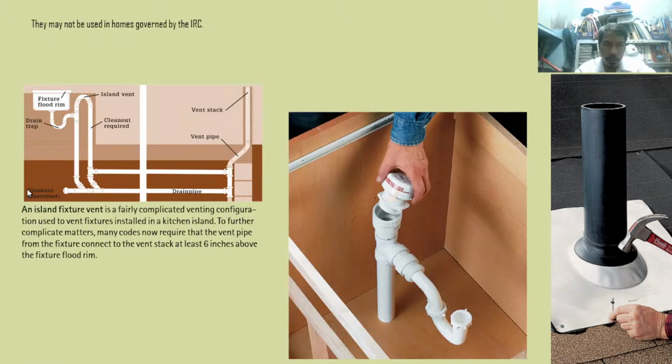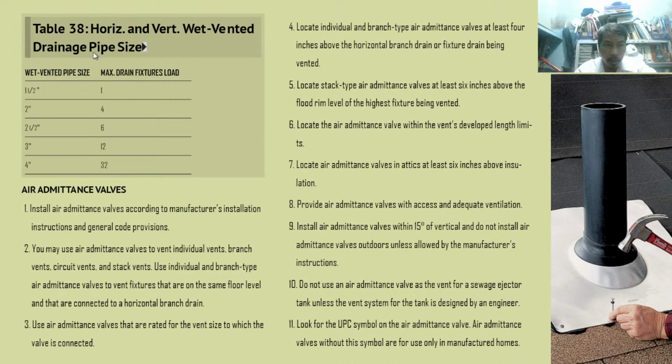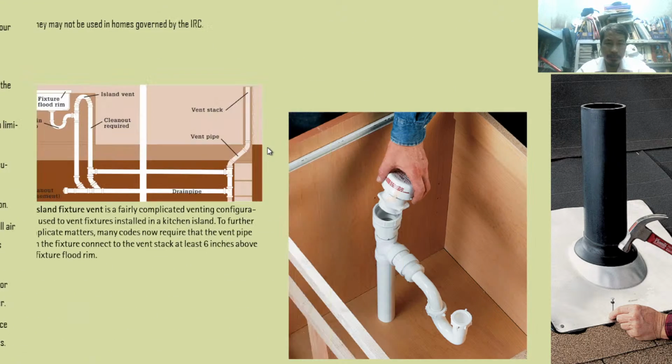We can go back to the table. Horizontal and vertical wet vent drainage pipe sizes. So their load. So if this is 2 inches, the load is 4. An air admittance valve can be installed in an island cabinet.